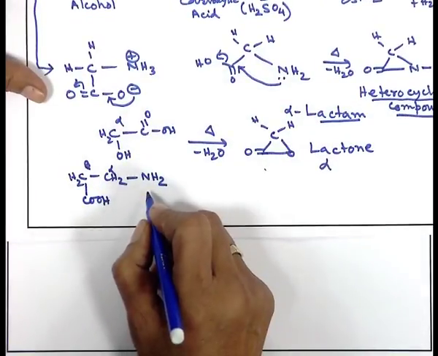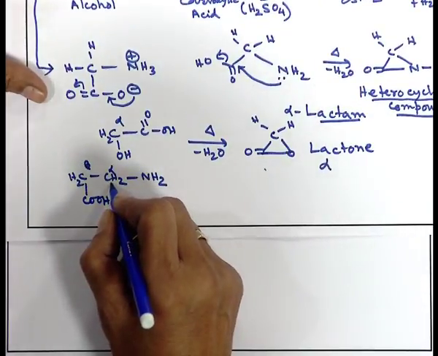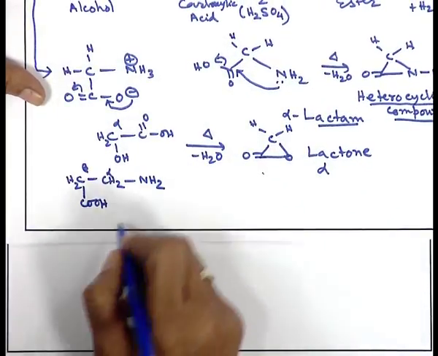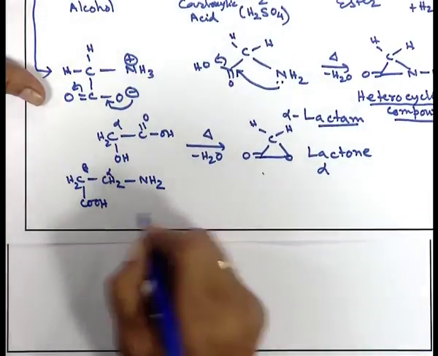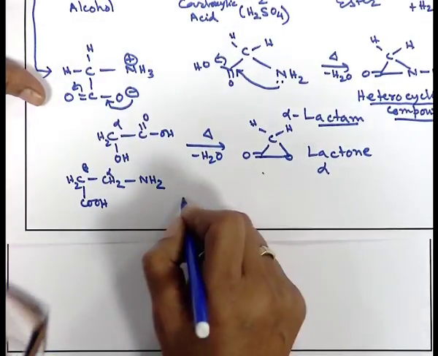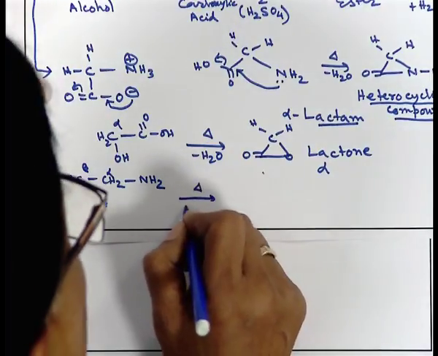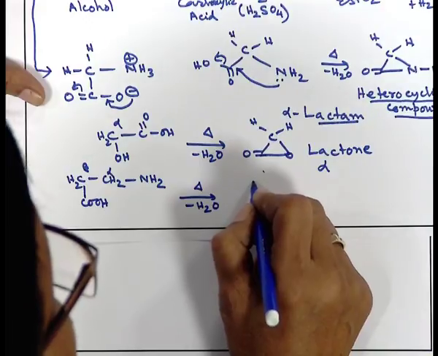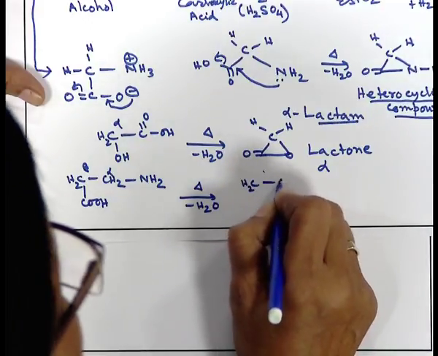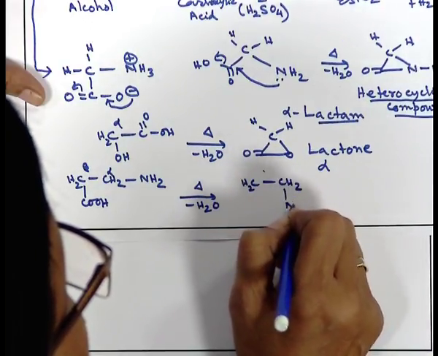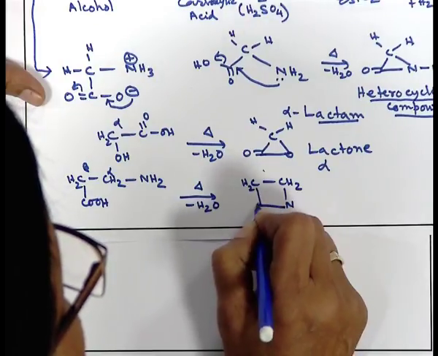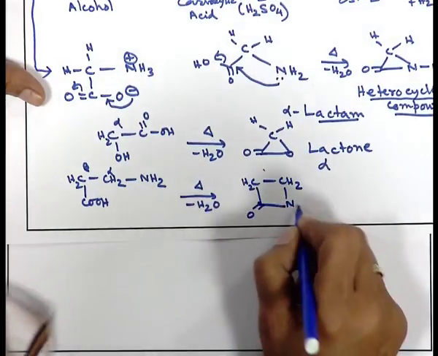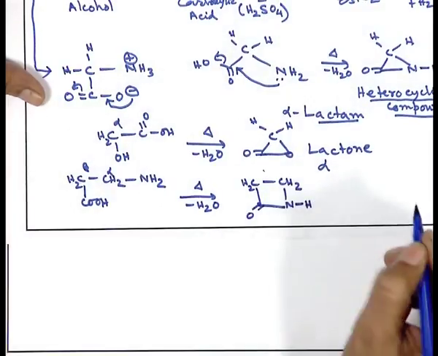From the amino functionality, the first carbon is alpha, the second one is beta. So, this compound will be called beta amino carboxylic acid. So, if I take a beta amino carboxylic acid and do a similar sort of thing, what will be the product? The product will be CH2N, CO by the loss of water, and there should be one more substituent.